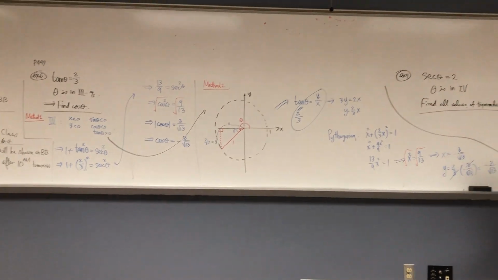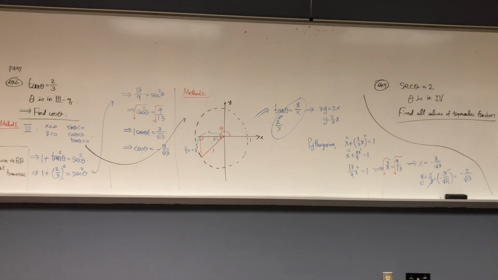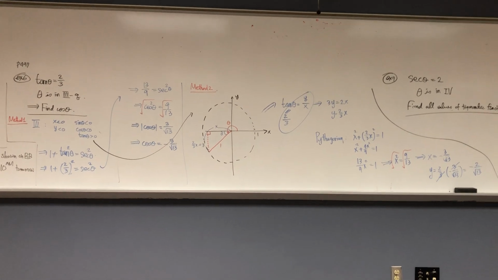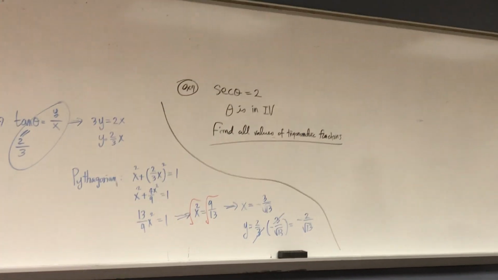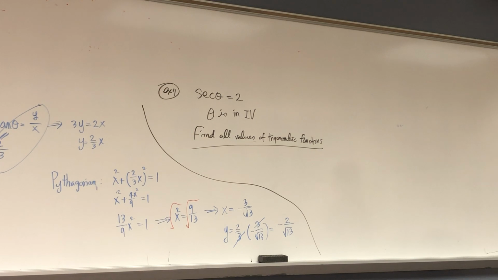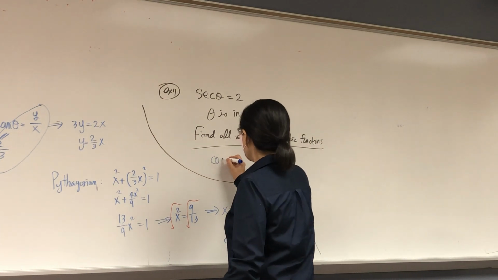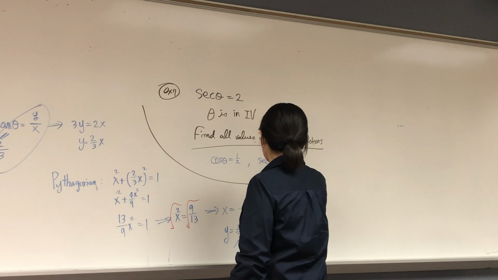What do you want to do? Is it cosine that equals 1/2? Right, exactly. So we already got 1. So here, cosine theta equal to 1/2, and the secant theta equal to 2.